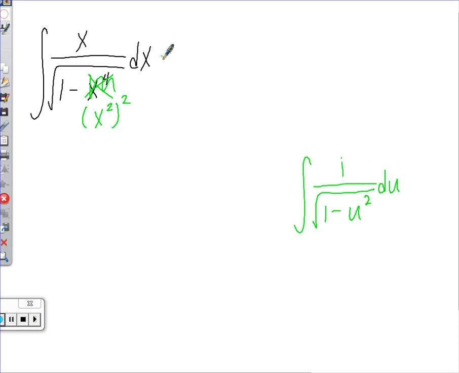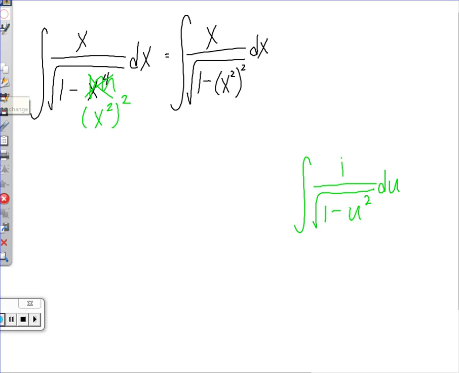Okay. So I'm going to say this is x over square root of 1 minus x squared squared. And then I'm going to make x squared into u. So I'm going to say u equals x squared.